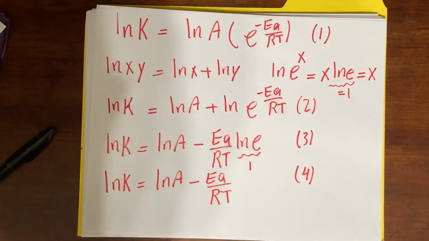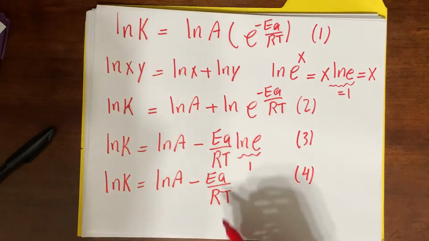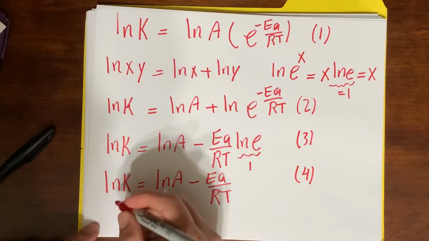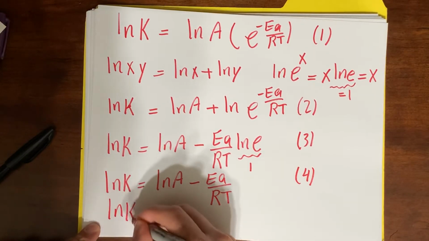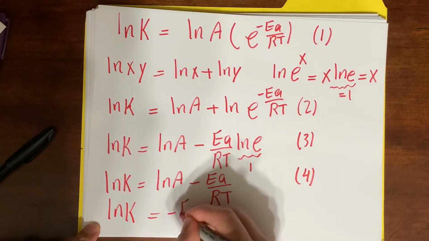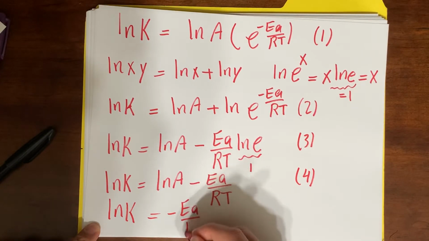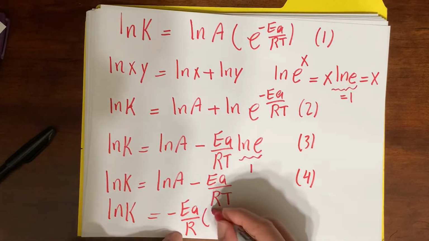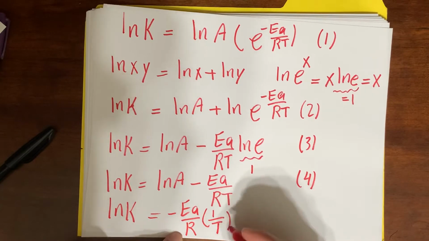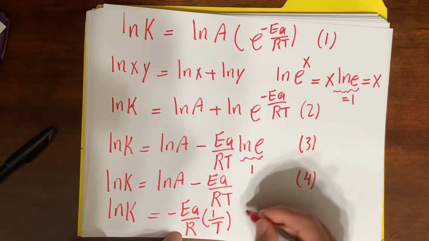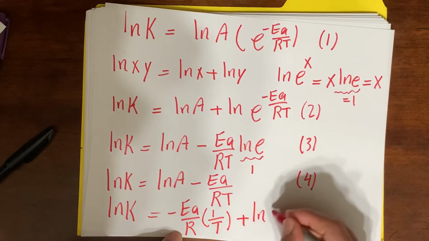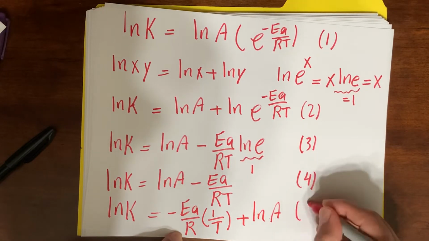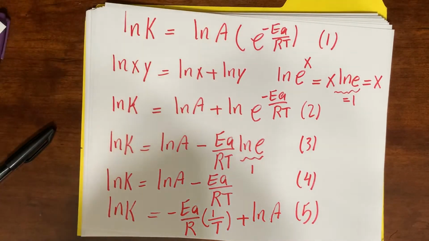I will rearrange the formula and get a factor of 1 over T. So I'm going to rearrange the formula as ln of K equal to minus EA over R multiplied by 1 divided by T, plus ln of A, and I'm going to call this one 5.